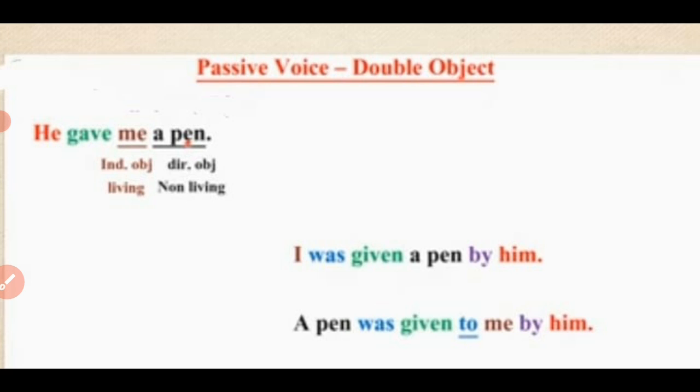So, the living object is known as the indirect object, that is me, and the non-living object is known as the direct object. So, these sentences can be converted in two ways. First is, I was given a pen by him. A pen was given to me by him. Both the answers are correct.